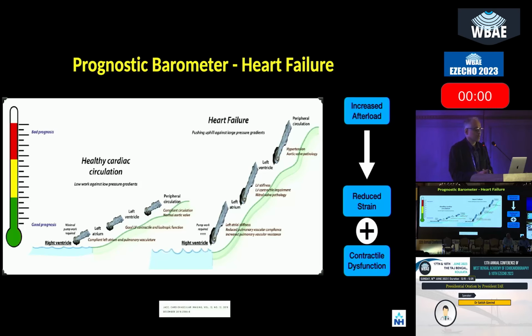This passes on to the left atrium, and then you have left atrial changes in terms of stiffness and compliance issues. Finally, the whole thing backs up right into the RV, and the RV has to face this in terms of the pulmonary pressures. This is manifested as increased afterload, and how does it manifest? You have reduced strain, and you also have contractile dysfunction.